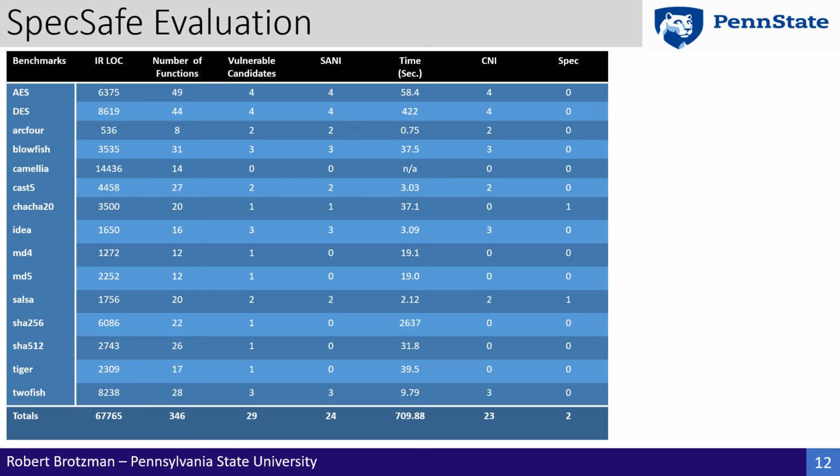Now we'll take a look at how SpecSafe performed on the libgcrypt suite of ciphers. To begin, we used a quick taint analysis pass that identified 29 functions out of 346 that are going to be interesting for us to analyze with our symbolic execution.